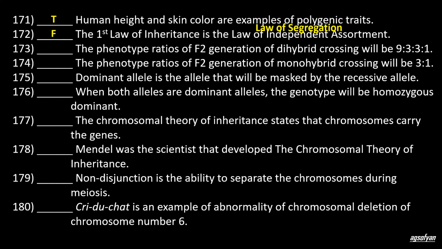The phenotype ratio of F2 generation of dihybrid crossing will be 9, 3, 3, 1. So F2 for dihybrid is going to be 9, 3, 3, 1. That's correct.